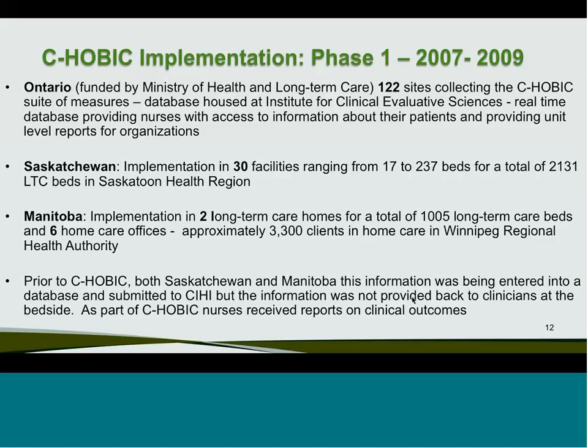At that time in Ontario, and still, there was no provincial electronic health record. So the data were housed at ISIS, and that database is a real-time database, which provides nurses with access to the information about their patients and provides unit-level reporting to various organizations.